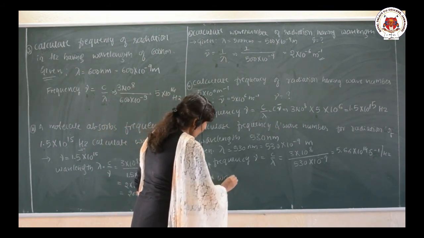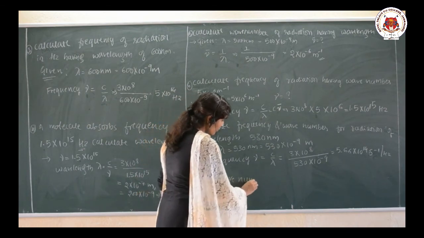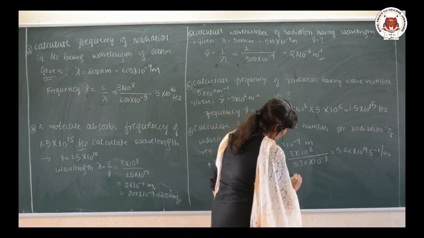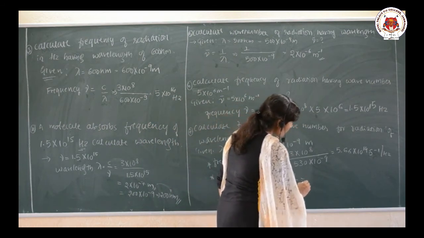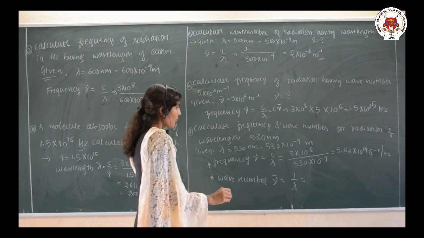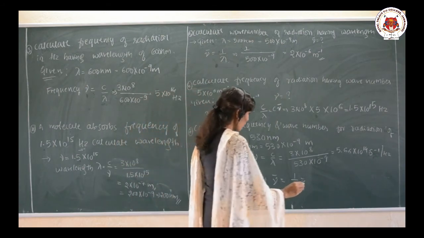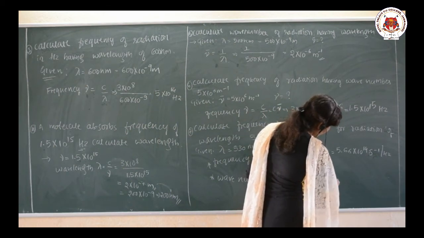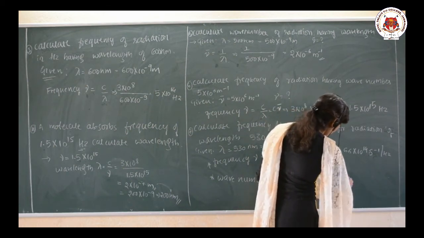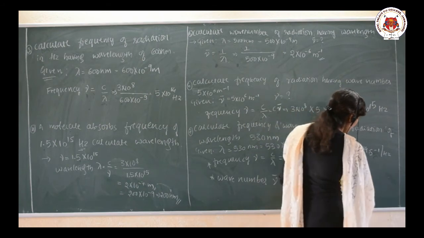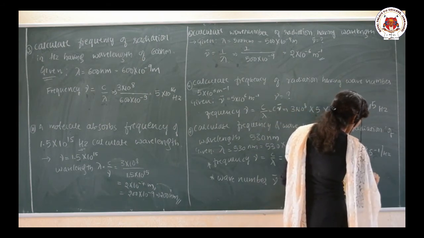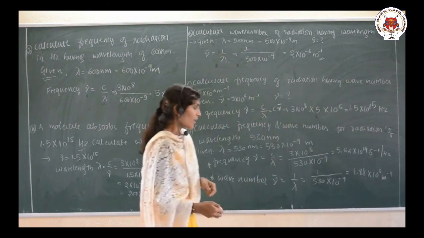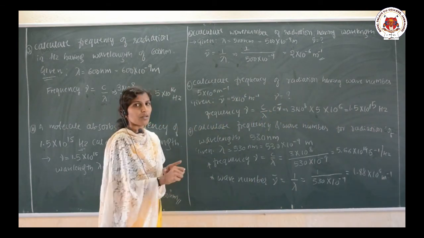So, the wave number nu bar is equal to 1 by lambda. Lambda we already have, you only need to substitute. If you calculate, it will be around 1.88 into 10 to the power 6 per meter.